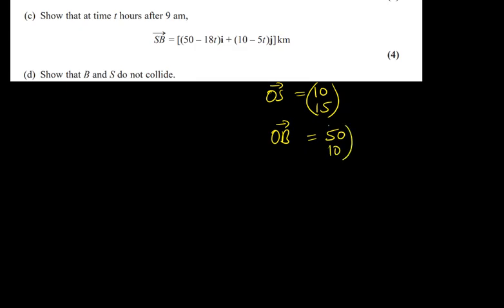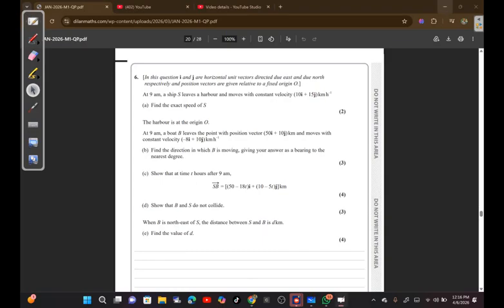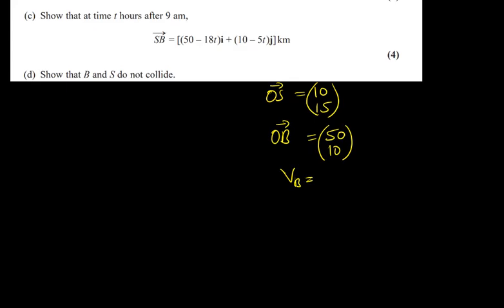Then the constant velocity of the boat, or VB, is -8i plus 10j.